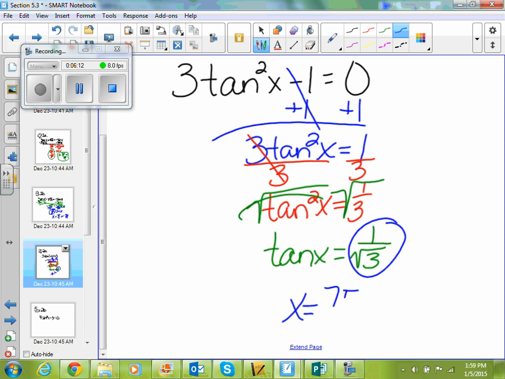Pi over 6, and 7 pi over 6, very good. So I know that x could either be 7 pi over 6 or pi over 6. You'll have to write on your tangent values later because they're not on there. They're on the poster back there on the wall, so you'll copy off of that later.